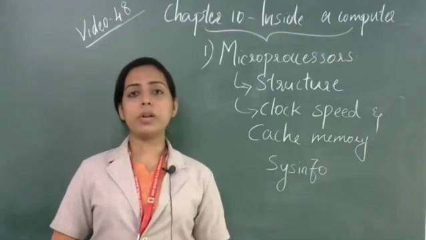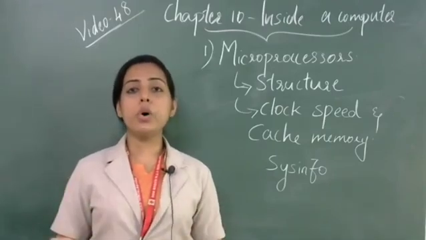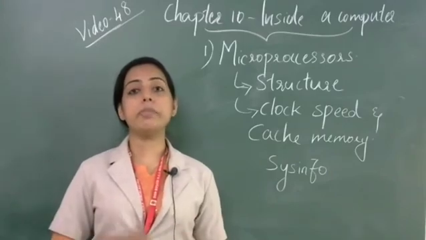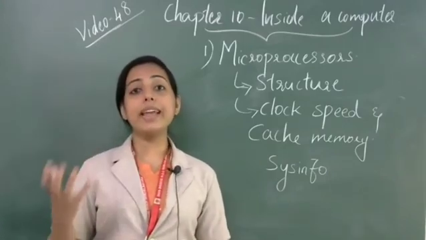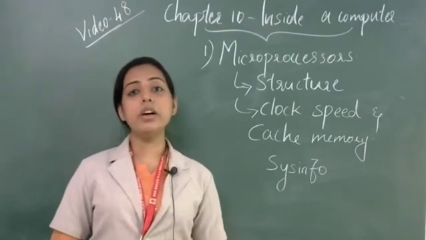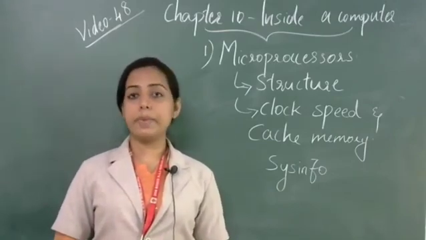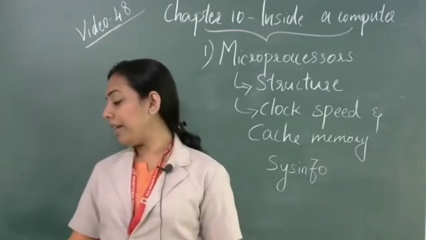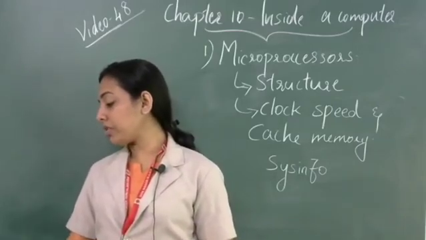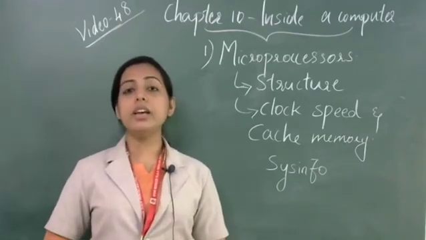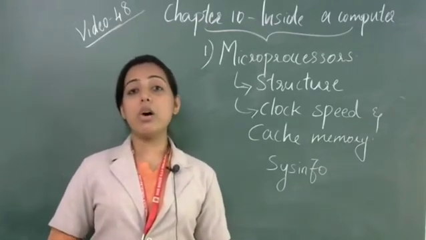When a computer works, a lot of information is transferred to and from the computer. That rate of information transfer within a second is known as clock speed. See the definition in your textbook. When a computer works, a lot of information is transferred to and from the CPU many times within a second. It is referred to as clock speed.